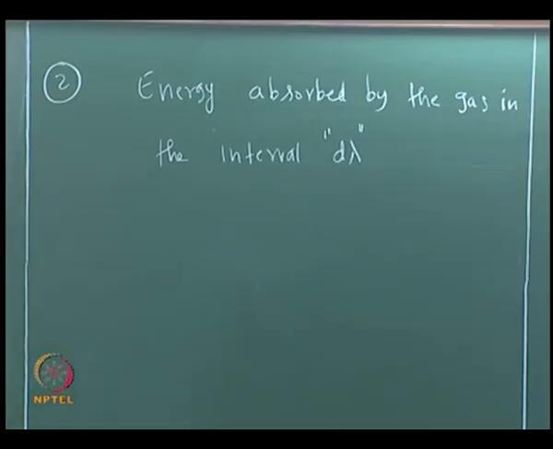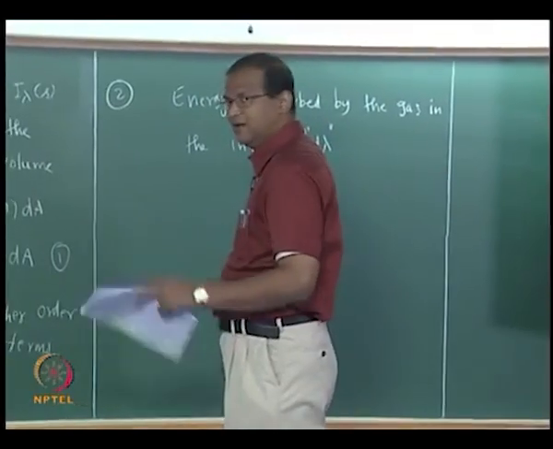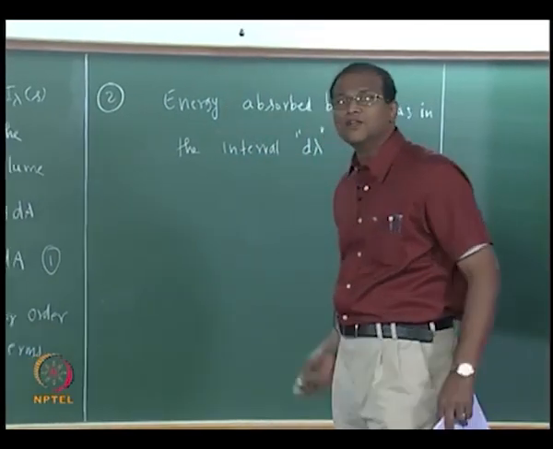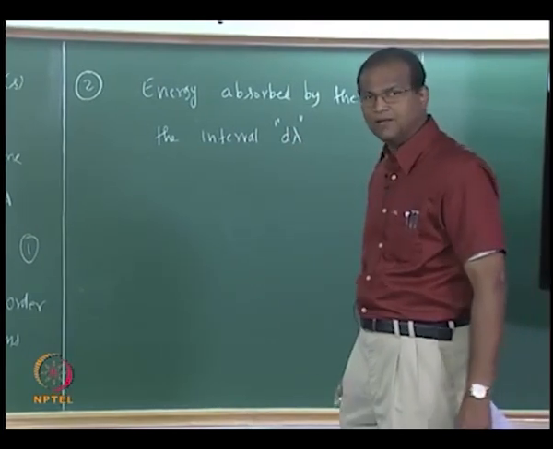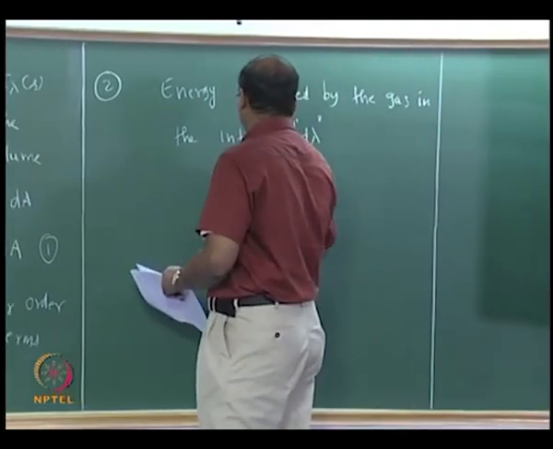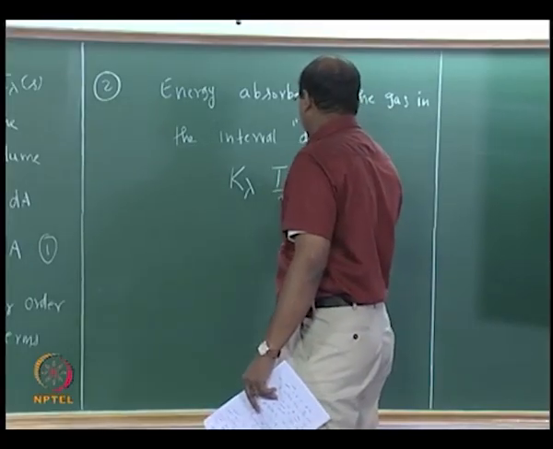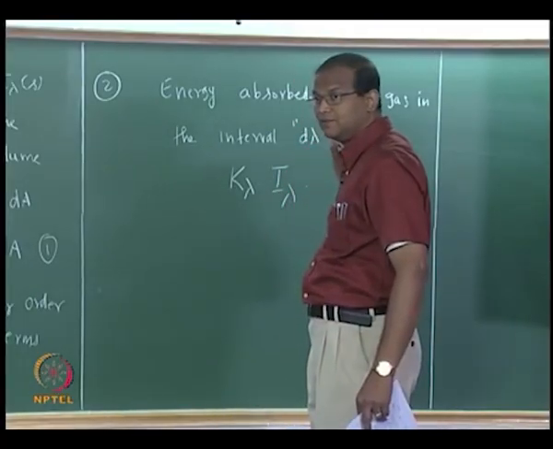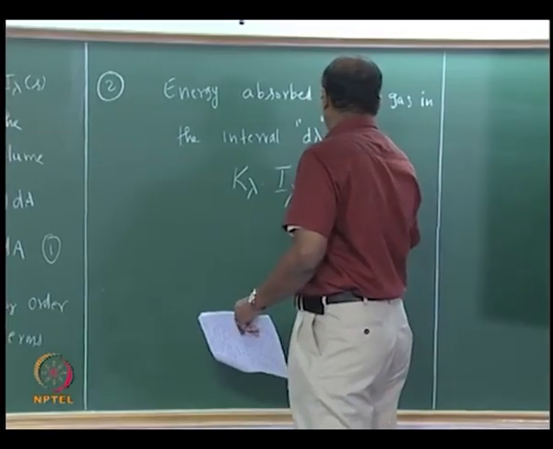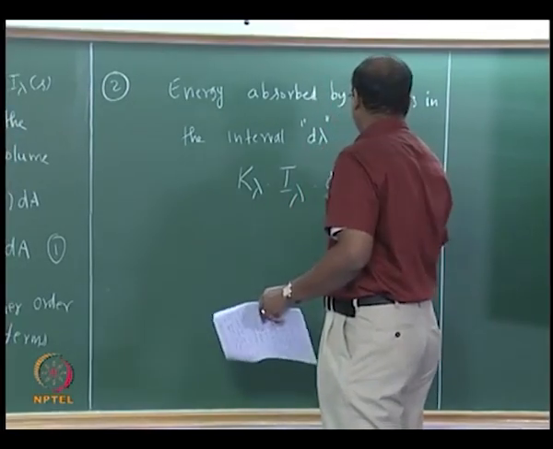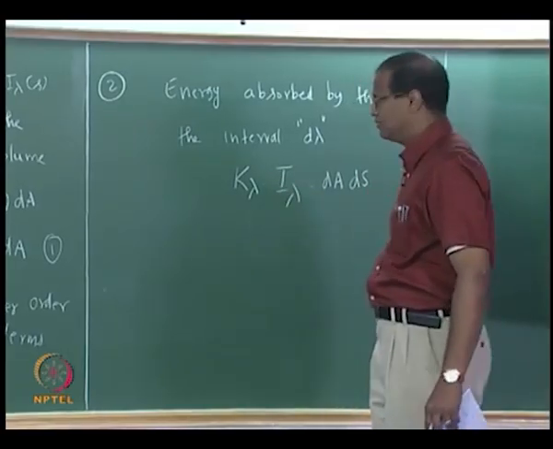I introduced two important properties, kappa lambda and epsilon lambda. So please tell me, the energy absorbed will be kappa lambda, I lambda, multiplied by dA ds d lambda. Very good. d lambda is there in I lambda itself.